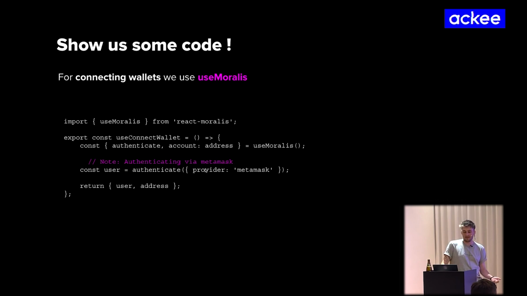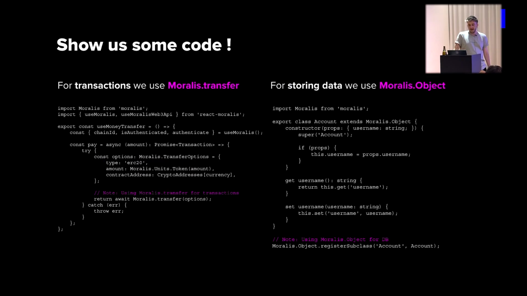We can pass as many providers as we want, but for this case, it's MetaMask. And yes, there is a lot of code because you are also able to call transactions. You can call it on the instance of Moralis. You can also use Moralis for creating the database structure, the database model, and storing some data.